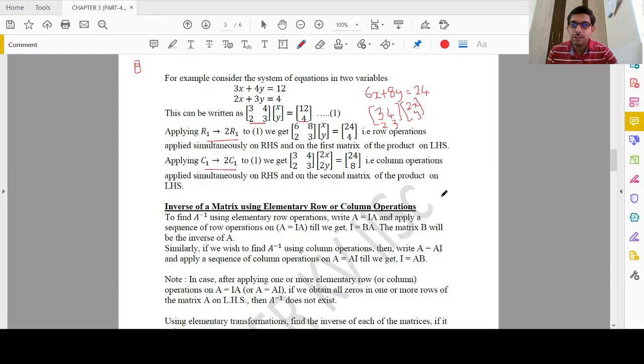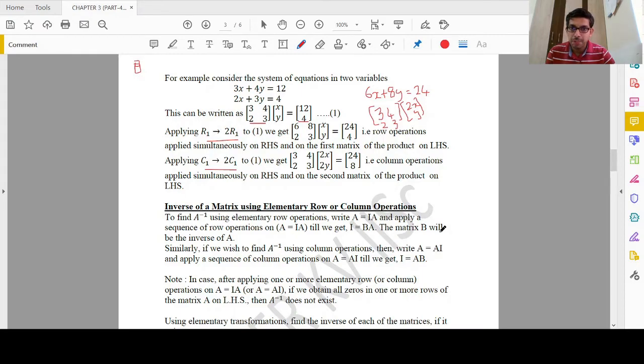So in a matrix equation X equals AB, in order to apply a sequence of row transformations, it is to be applied only on X and A, the first matrix of the product, simultaneously, and in order to apply a column transformation, it should be applied to X and B simultaneously. Here I took a simple example, but this result is valid for any matrix equation.